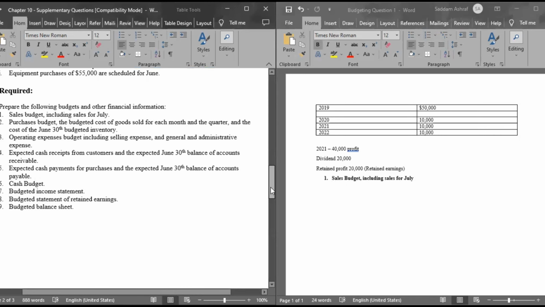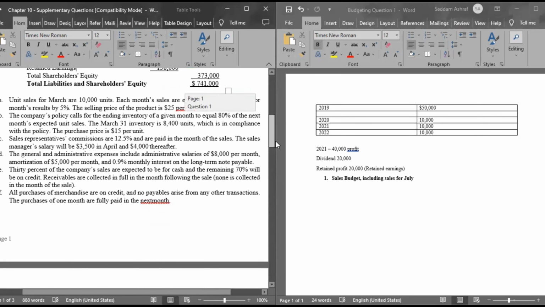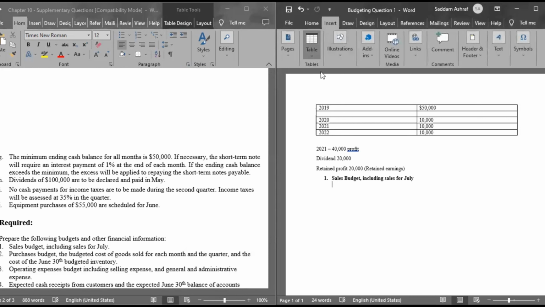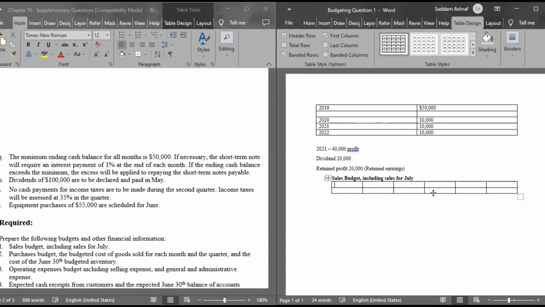As we have already discussed, we are preparing the budget for the budget period, which starts from April and ends on June. But in the sales budget, it is required that we also prepare the budget for July.